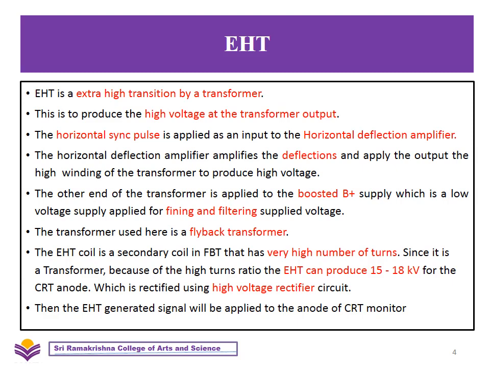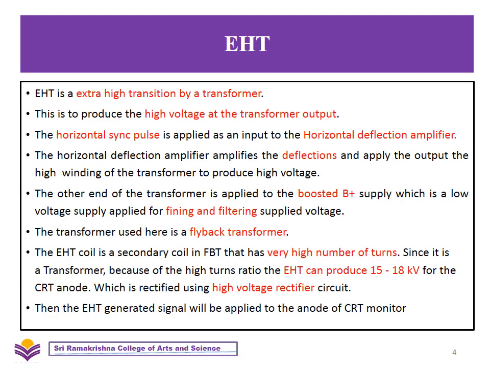The frequency of the sweep generated signal will be around 15,625 Hz. The horizontal deflection amplifier will amplify and deflect the applied input signal, and it will pass the output to the high winding of the transformer to produce the high voltage.